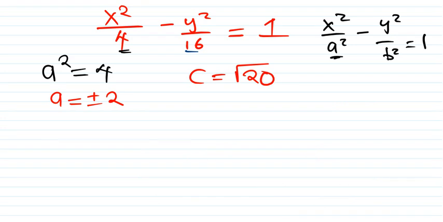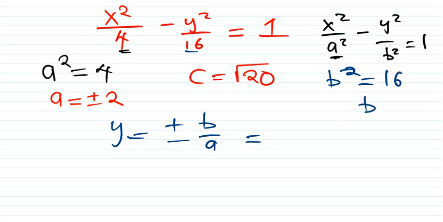Finding the equations now. How do you find the equation of asymptotes? Remember we said our equation is in the form of plus or minus b over a, right? Okay, so in this case, what have we said about our b? Our b squared is equal to 16.